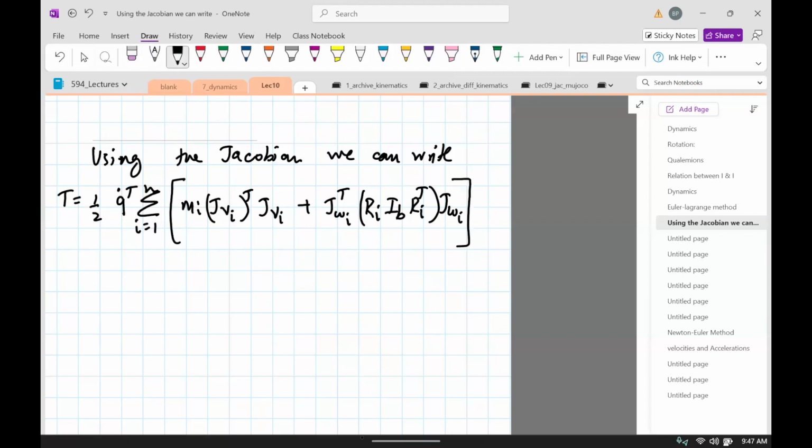What's left is just q dot. So this thing here is I, the world frame inertia. Okay, so that's the first part.